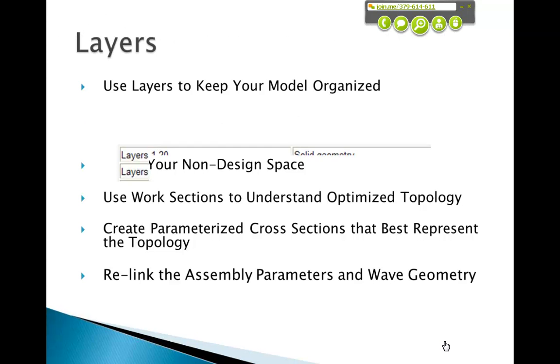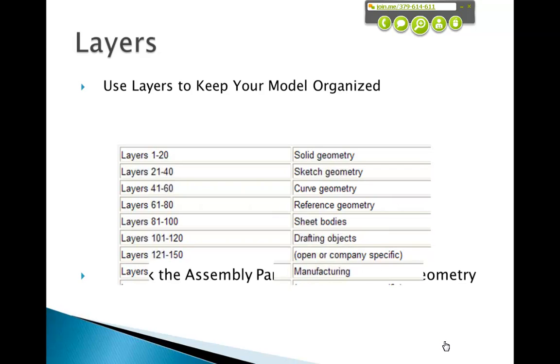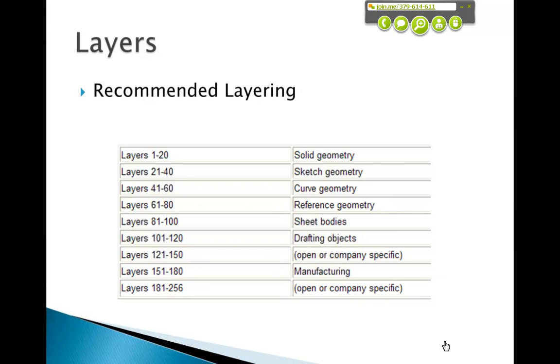So if we look at the layering, this is just out of the recommended documentation for NX. NX says that layers 1 through 20 should have solid geometry. Layers 21 through 40 should be sketch geometry. 41 through 60 curve geometry, and so on.